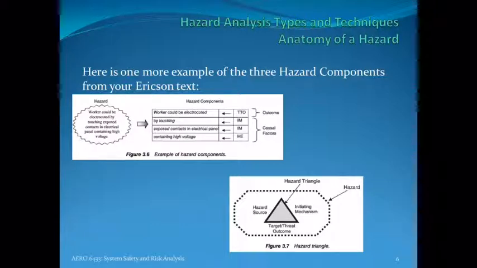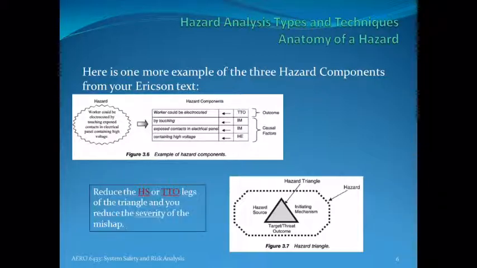So let's go back to our example in the text. How do we mitigate the risk of our electrocuted electrical worker? Let's look at the hazard triangle. Two of the legs of the triangle relate to severity of the mishap, while the third relates to the probability.